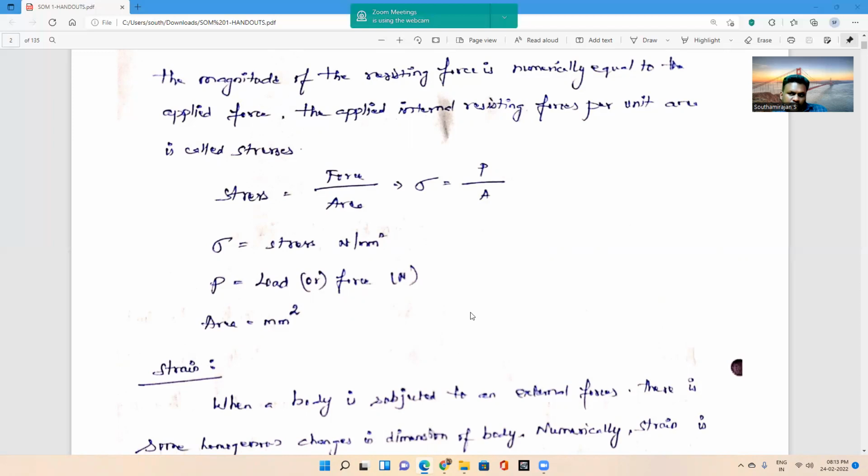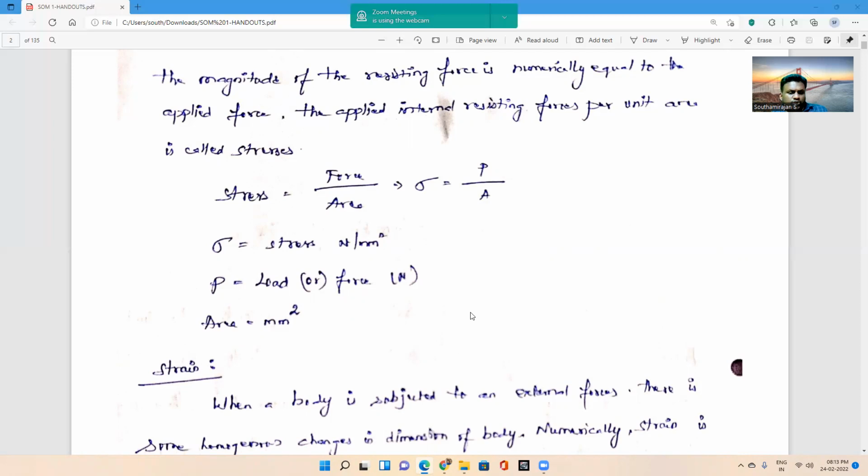In the SI system, stress is represented by the symbol sigma. Sigma equals load by area. Load is nothing but the applied load. The applied load may be in newtons or kilonewtons, or any multiple of newtons.